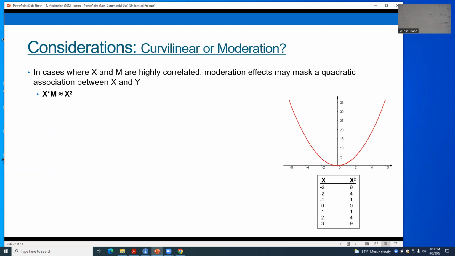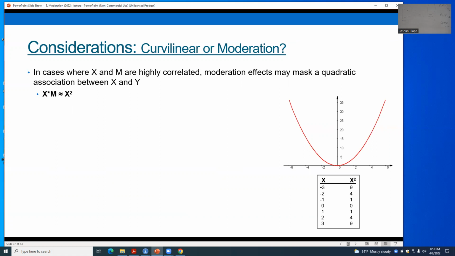Today, one thing we want to be thinking about, if I find an interaction effect, right? Conceptually, I might wonder if I've got a strong correlation between my predictor X and my moderator M. If those two things are highly correlated, what we might be getting in that interaction effect is actually a possible curvilinear association between X and Y, okay?